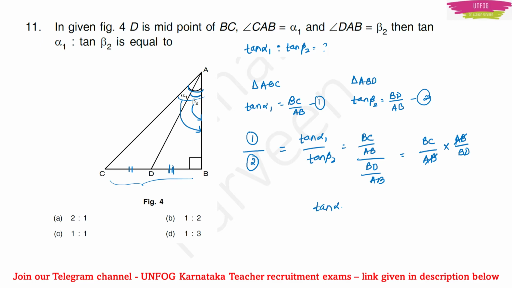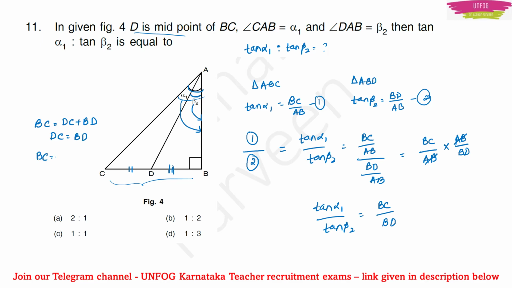So I have tan alpha 1 upon tan beta 2 in the left hand side. In the right hand side I have BC upon BD. But then if I see the given thing, what was given, that D is the midpoint of BC. If D is the midpoint of BC means BC will be equal to DC plus BD, and DC is equal to BD.